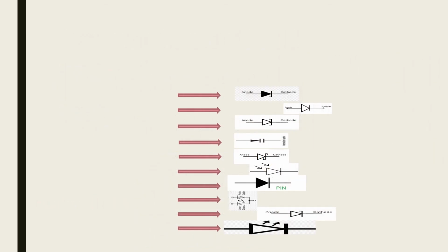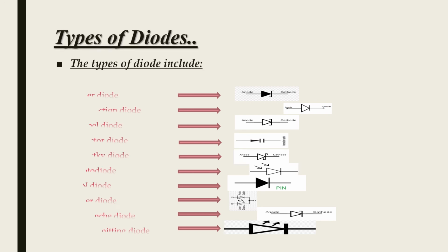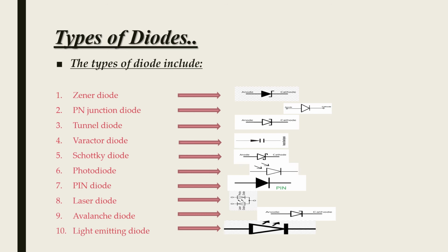Here are some basic types of diodes. Okay, first is the Zener diode, second one is PN junction, then tunnel diode, varactor diode, Schottky diode, photodiode, pin diode, laser diode, Avalanche diode, and light emitting diode, that is also known as LED, जो हम लोग घर में भी यूज़ करते हैं, यूज़ में लेते ही हैं.